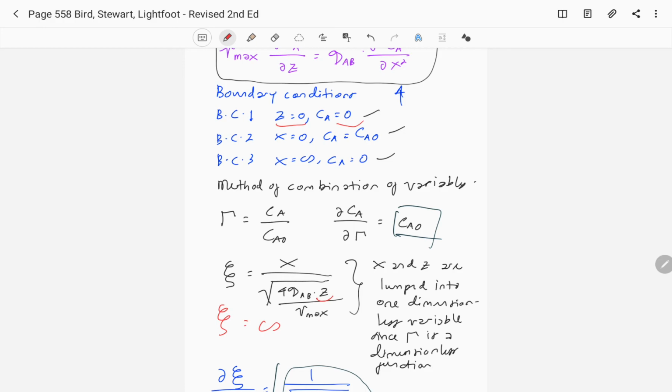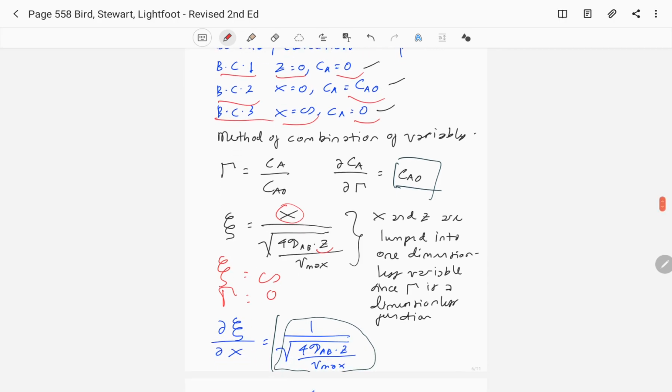And same like BC3. If your x equal infinite, then your CA will be equal to 0. And so your dimensionless variable will be equal to 0. So BC1 and BC3 give you the same result with respect to the dimensionless concentrations. On the BC2, if you put your x equals 0, then your CA is equal CA naught.